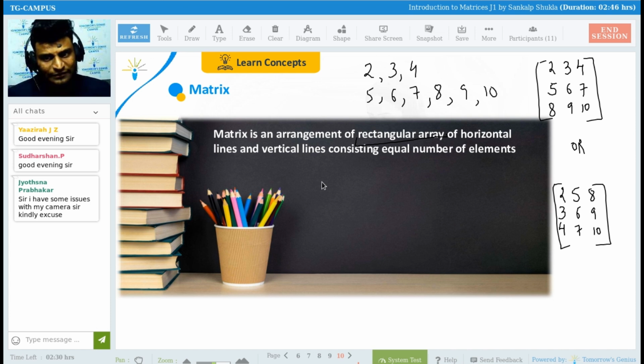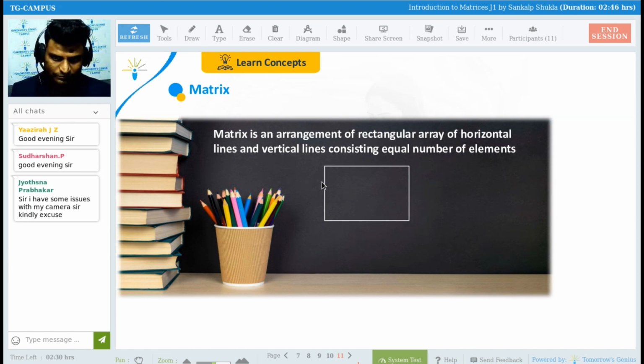The representation of a matrix is that you put these square bracket signs, and inside them the elements are written, forming a proper pattern, like a rectangular or square array. See, in this example we have 1, 2, 3, 4, 5, 6, 7, 8, 9.